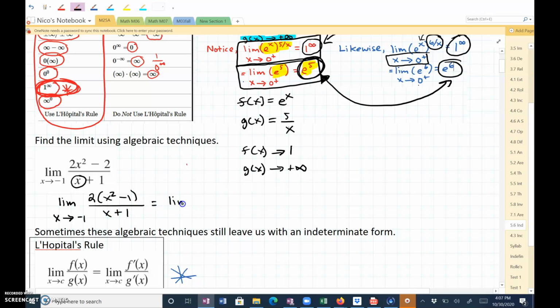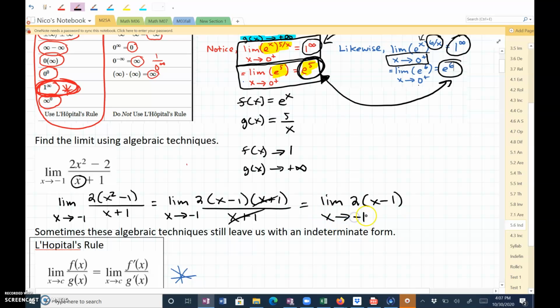And then I could rewrite this as x minus 1, x plus 1, all over x plus 1. Then this reduces. So x equals -1. And now we can evaluate this limit using direct substitution. This is going to be -4.